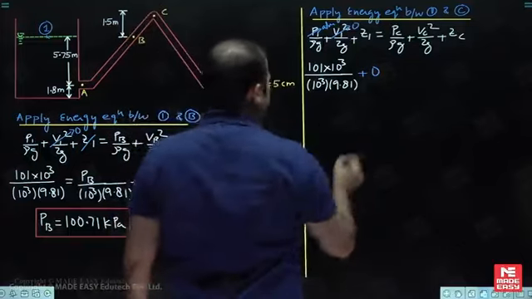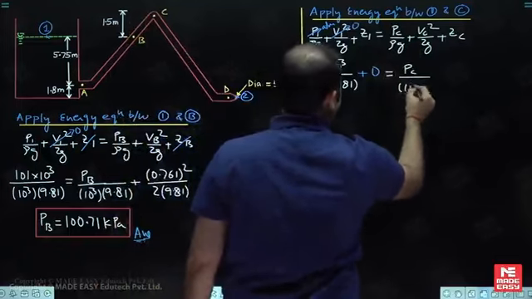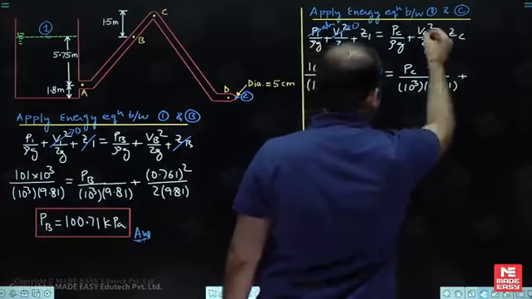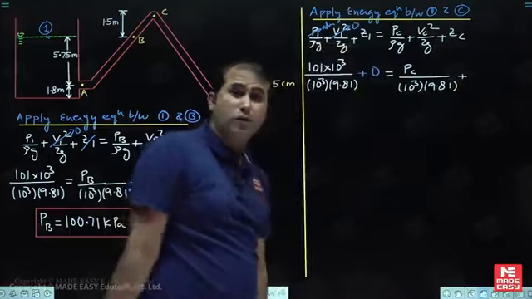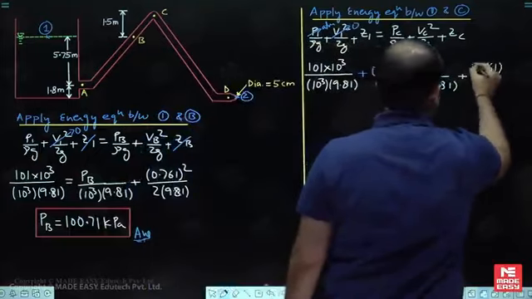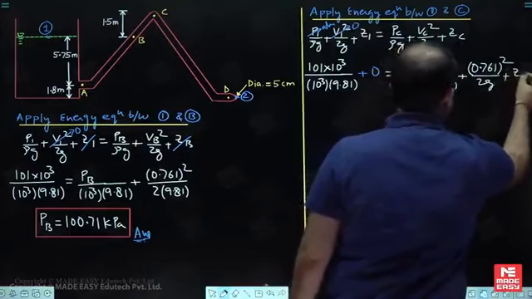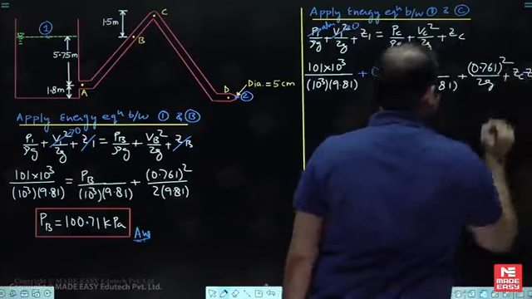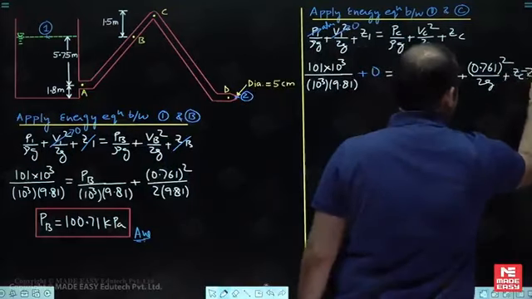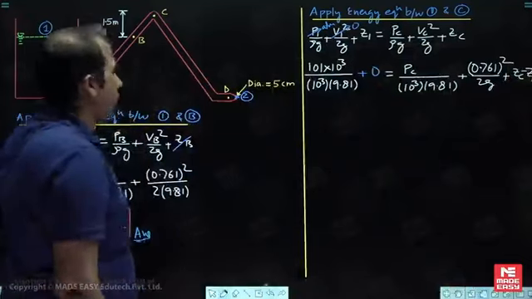So this is equal to PC, we are interested to find out, divided by 10 to power 3 multiplied by 9.81, plus VC square. VC is the same as the velocity of flow in the pipeline, this is 0.761 square divided by 2g. And my dear, for your kind information, this is ZC minus Z1. ZC minus Z1 difference is equal to what? 1.5.